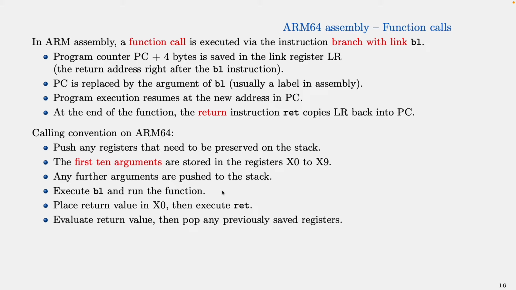And at the end of the function, we will place the return value in the register x0 and then execute the ret instruction, which, as I said here, copies back the link register into the program counter, so we resume where we left off at the branch with link. Then we evaluate the return value in x0, and after that we pop any previously saved registers.